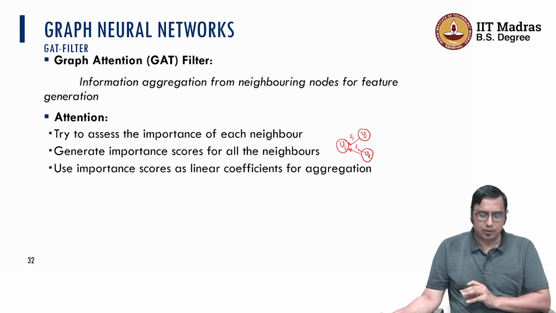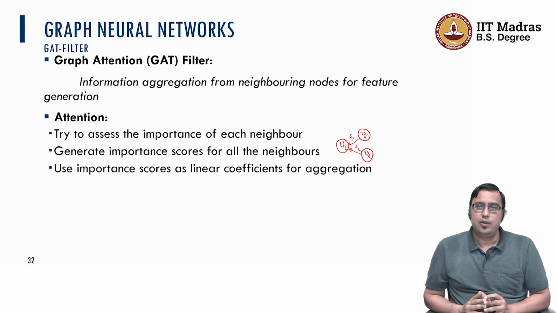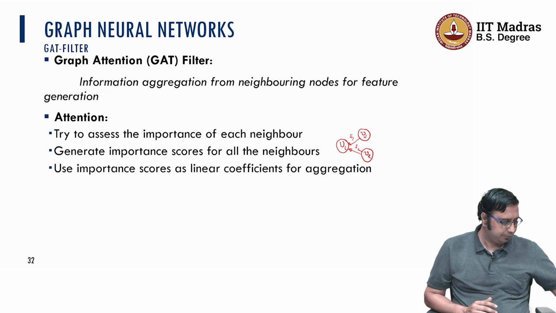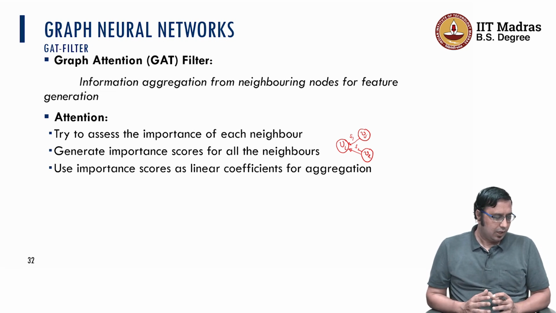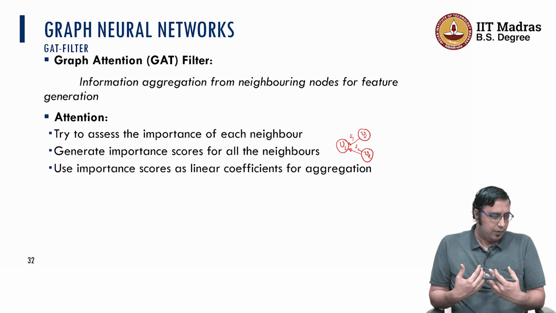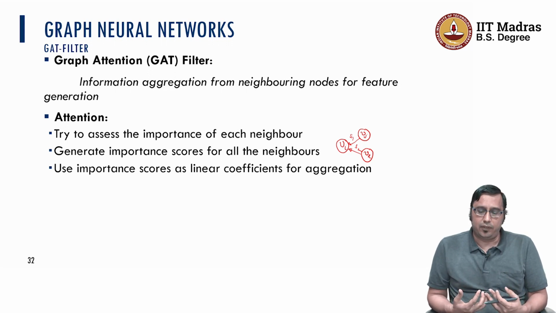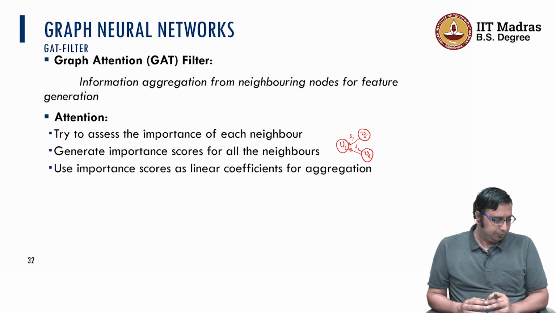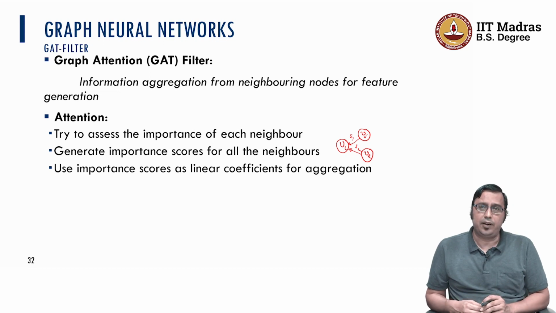Once I get these scores, the importance scores are used as linear coefficients for the aggregation function. Here the idea is that we can differentiate, based on these scores, the importance of different neighbors associated with a particular node and weigh accordingly, or generate features accordingly in the filtering process.